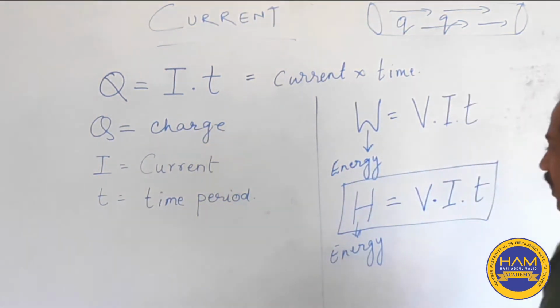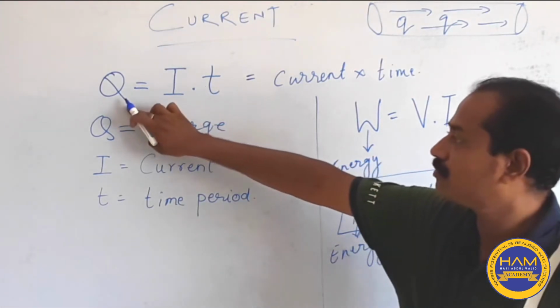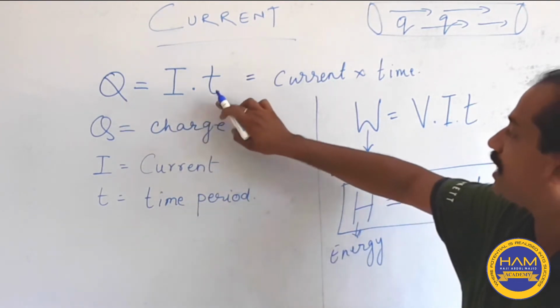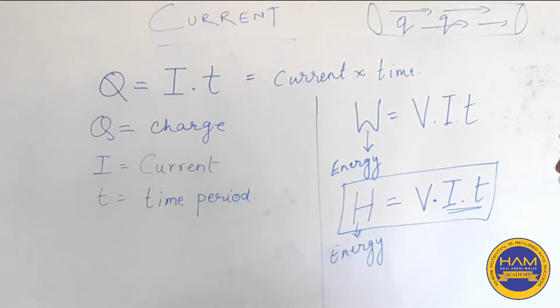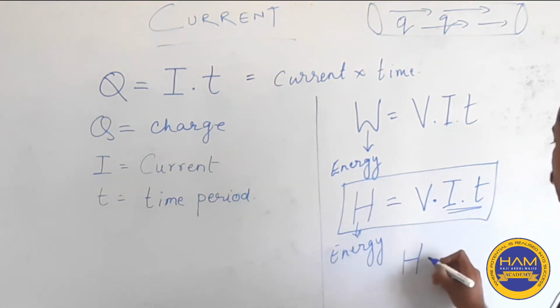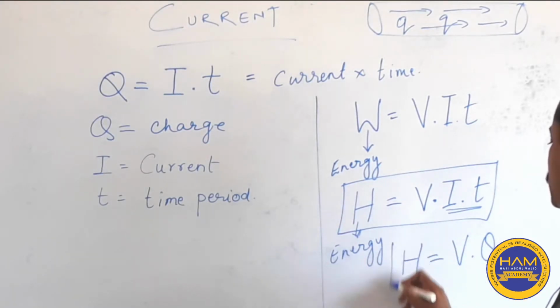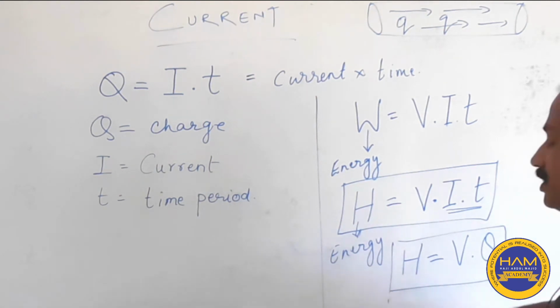Now, we know from the equation over here that Q, the number of charges, is basically the multiplication of current and time. So, we can retransform the equation as H is equal to V into Q. This is another form of equation which represents heat.